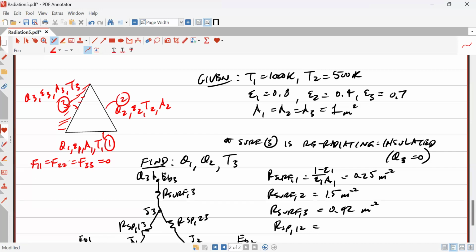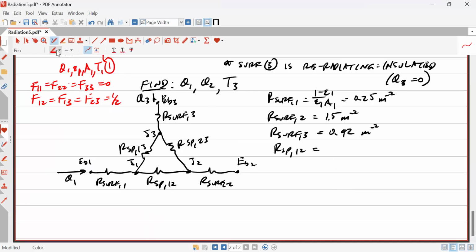But by observation, all the heat leaving 1 must go between 2 and 3, and since it's an equilateral triangle, by symmetry half is going to 2, half is going to 3. So we say F12 equals F13 equals F23. It's going to be 1/2. So our spatial 1, 2 is 1 over A1 F12.